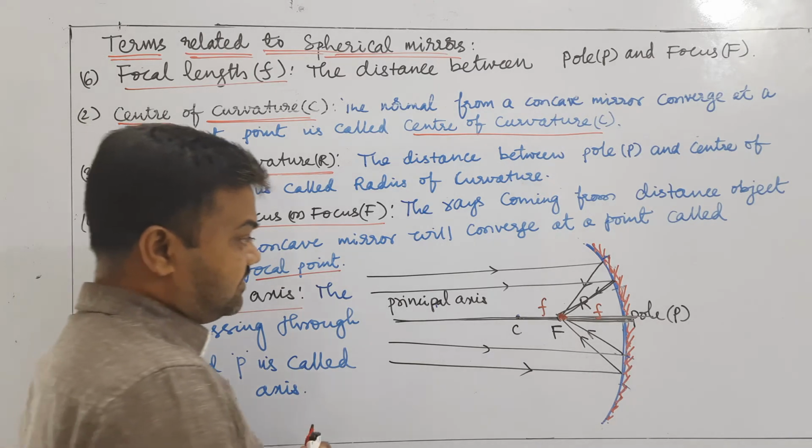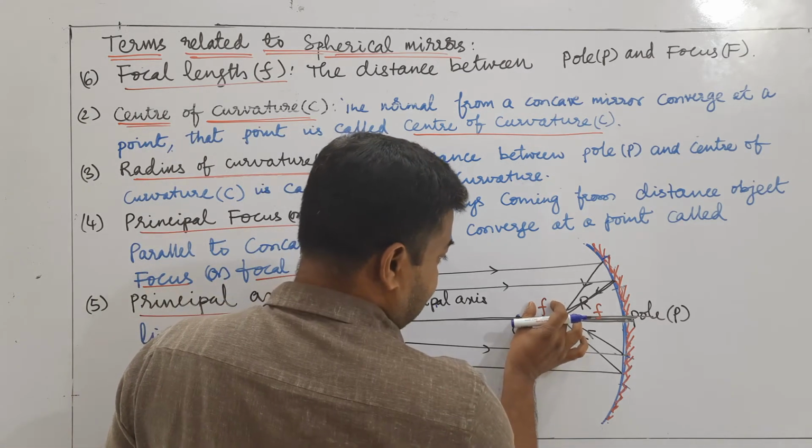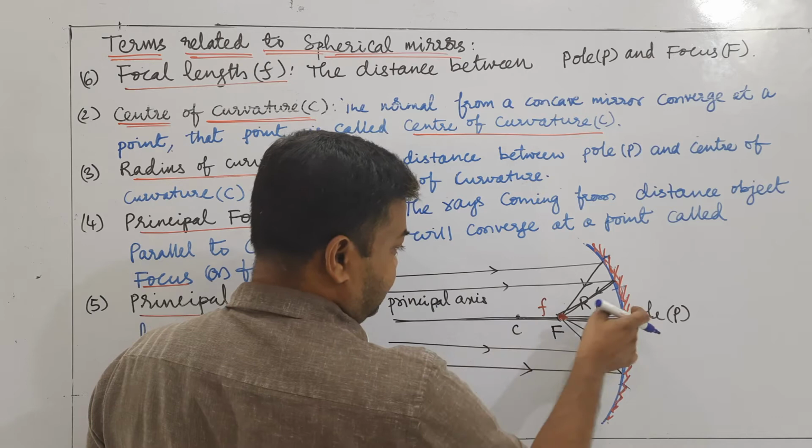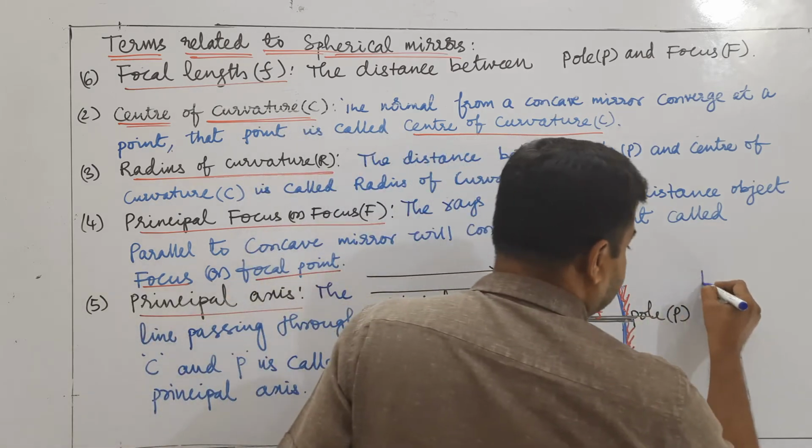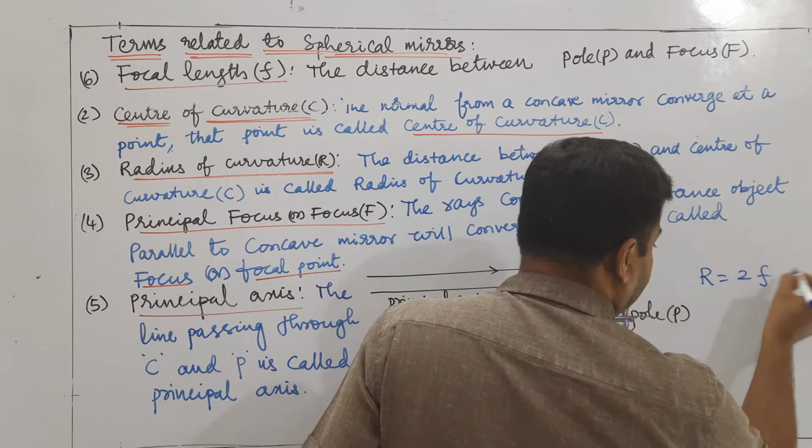And here you can observe, this one is also f and this one is also f. Total from here to here is R. That's why we can write R must be equal to 2f.